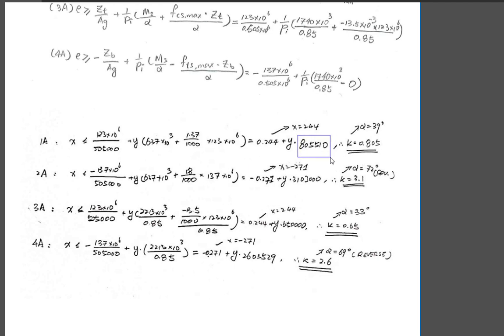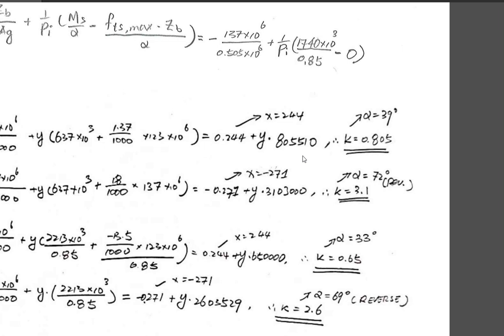So over here, this is constant, and this is the slope of your lines, right? For example here, this is also a units conversion. You have to convert it into 0.805, and this is 3.103. This is 0.65, and this is 2.603.